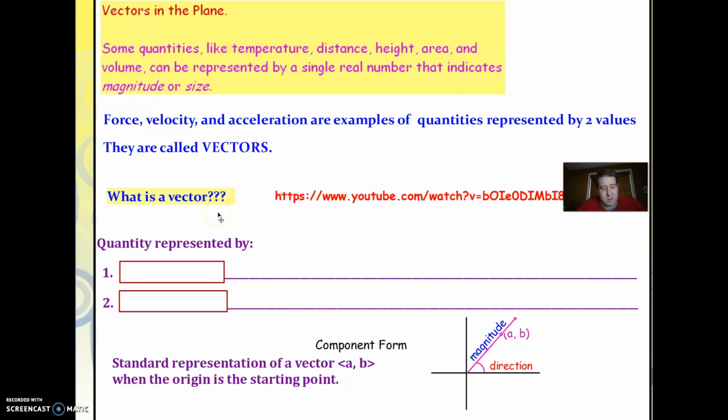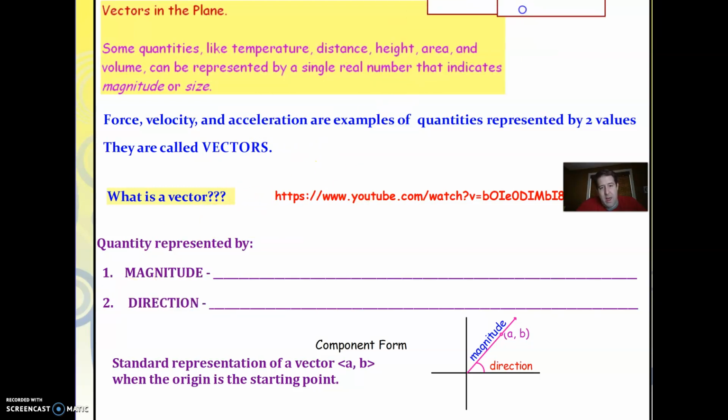For force, there's a direction the force is going, plus how much of that force is going in that direction. Same thing with velocity, which is your speed and which direction you're going, and same with acceleration. So we have a magnitude and a direction. Magnitude just means the size of it, whereas direction means which way it's going.